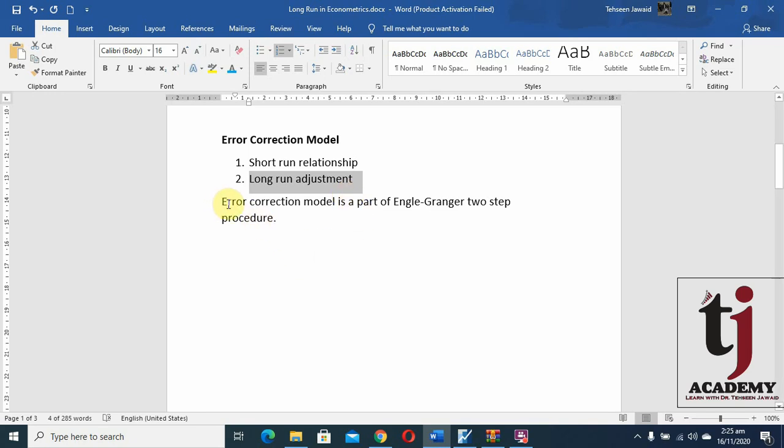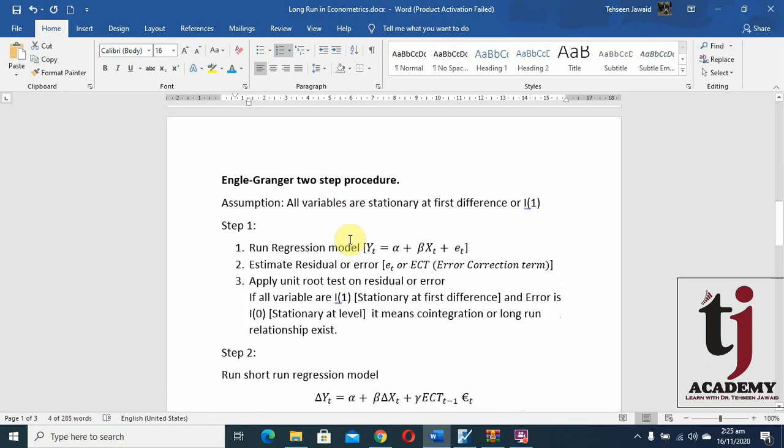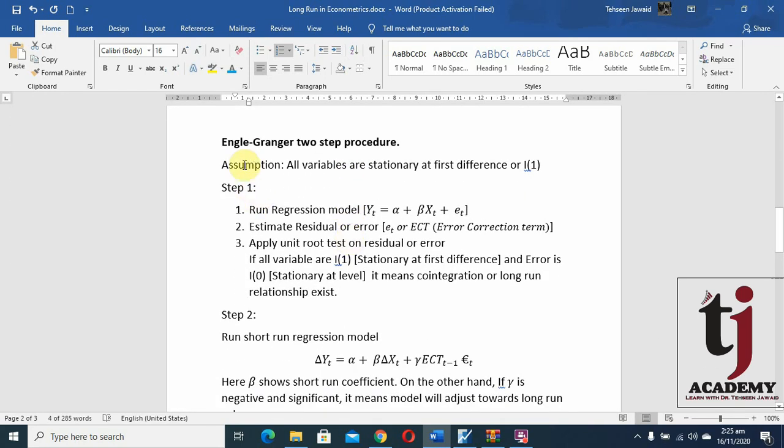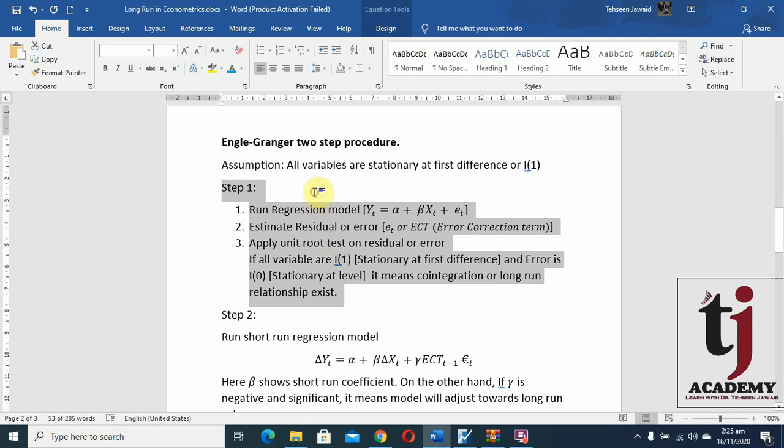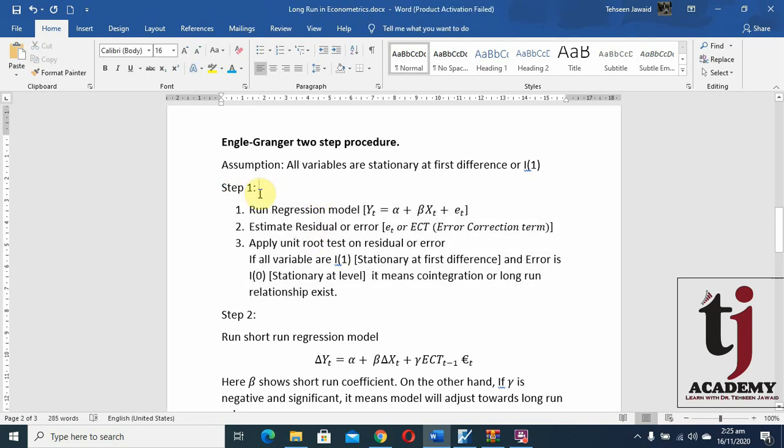As we have discussed, the error correction model is a part of the Engle-Granger two-step procedure. So here is the procedure, the Engle-Granger two-step procedure. This is the first step. We have discussed this in our previous video on Engle-Granger cointegration. All the steps have been done there, but here for the error correction model we have to repeat it. The assumption of the Engle-Granger two-step procedure is that all variables are stationary at first difference, or I1.